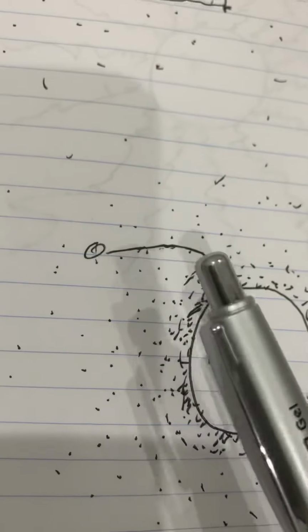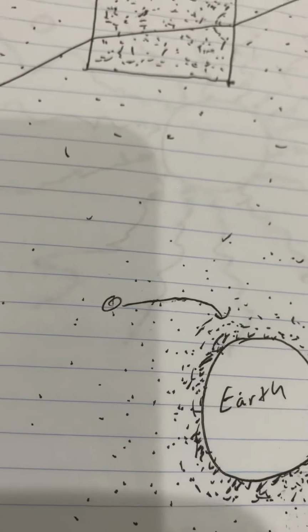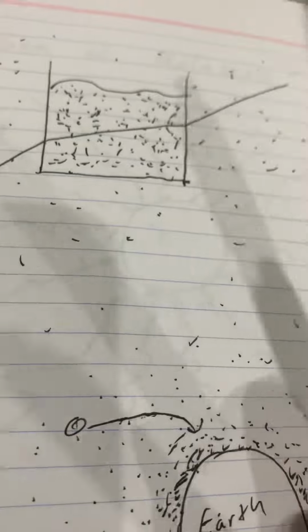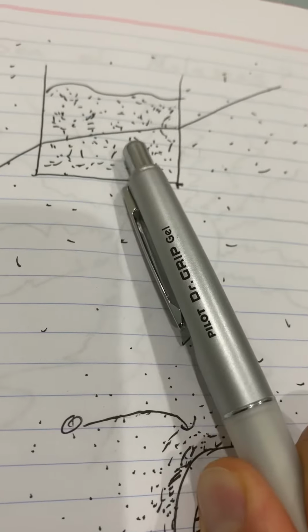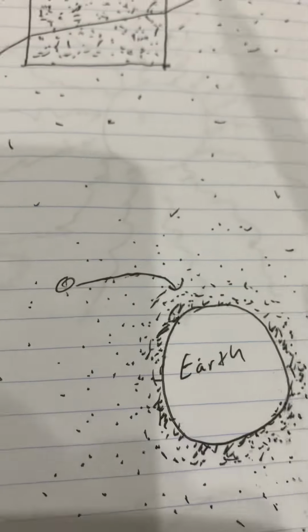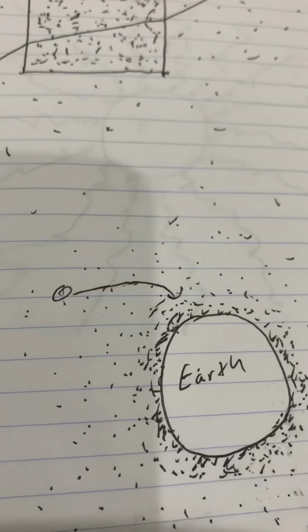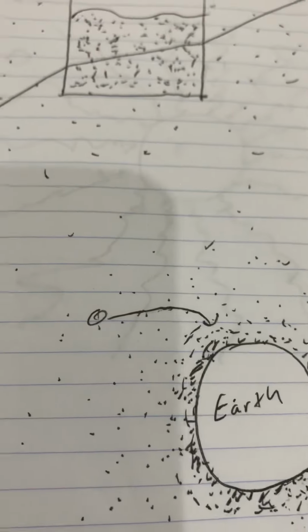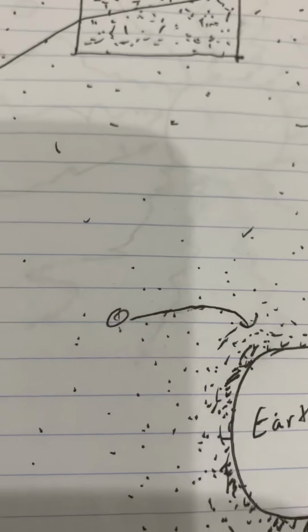Particles slow down because they're absorbing and re-emitting photons. And when I say particles, I mean fermion particles, not boson particles, not photons.